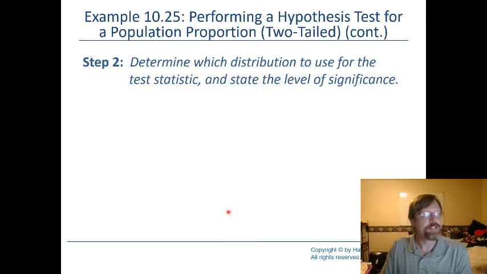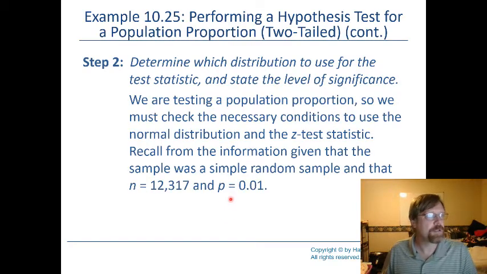Which distribution to use and what is the level of significance? All right, let's start with the distribution. We are testing a proportion, so we need to check to see if we've met the conditions. Sample size is 12,317, proportion is 0.01, right?